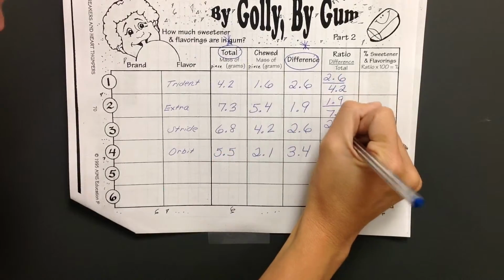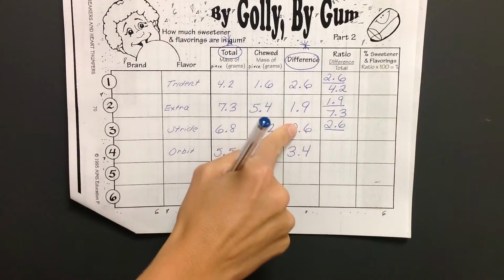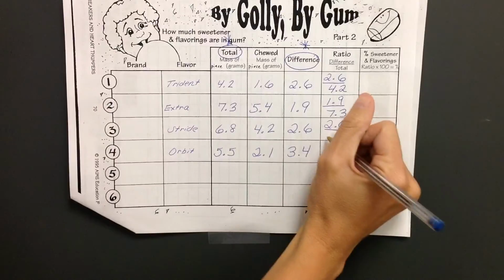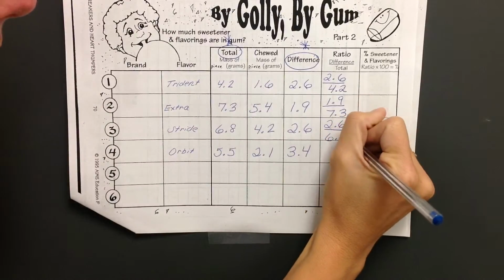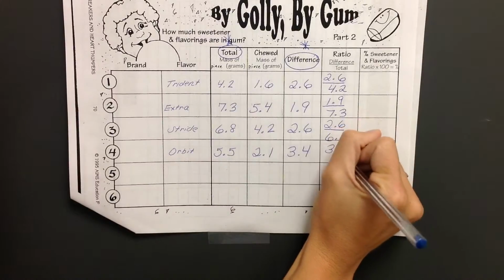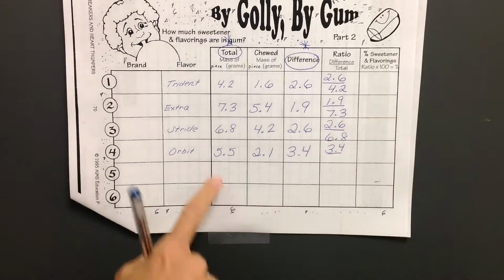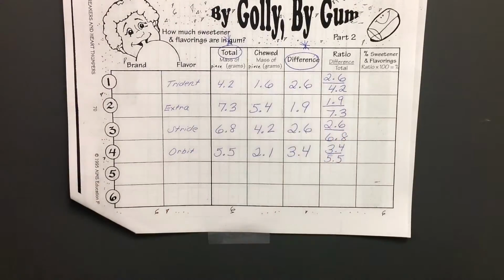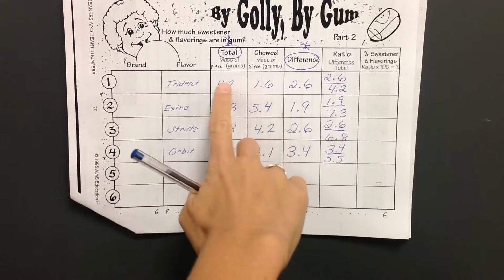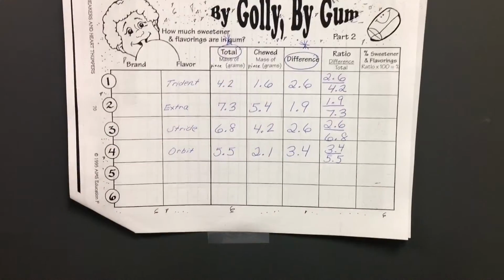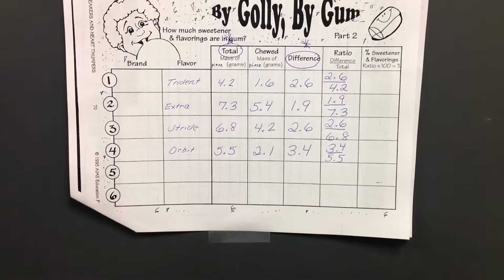Difference 2.6 over the before mass, which is our whole, 6.8. Difference 3.4 over 5.5. Like your data, for all my pretend data here, the mass decreased, and I kind of expect the same probably happened to you with your data.